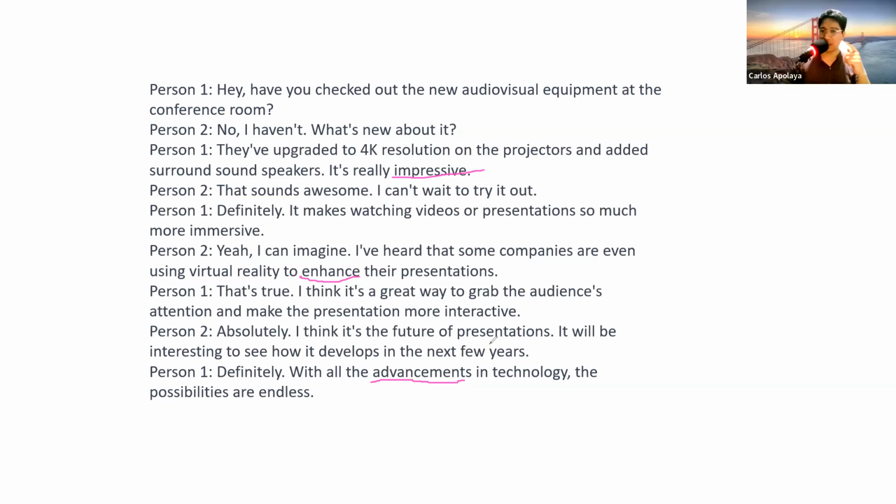Can you repeat that, please? I suggest that advancement in technology need to be eco-friendly. Yes, need to be eco-friendly or be eco-friendly. Okay, that's pretty cool. Remember that we say advancement. Advancement.